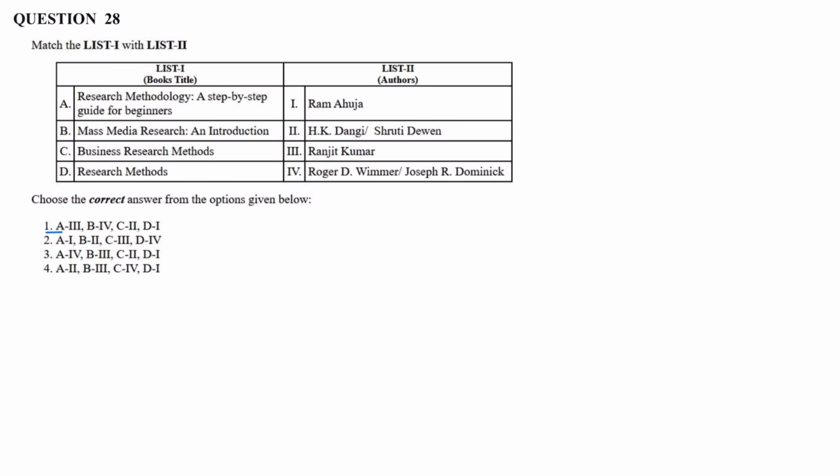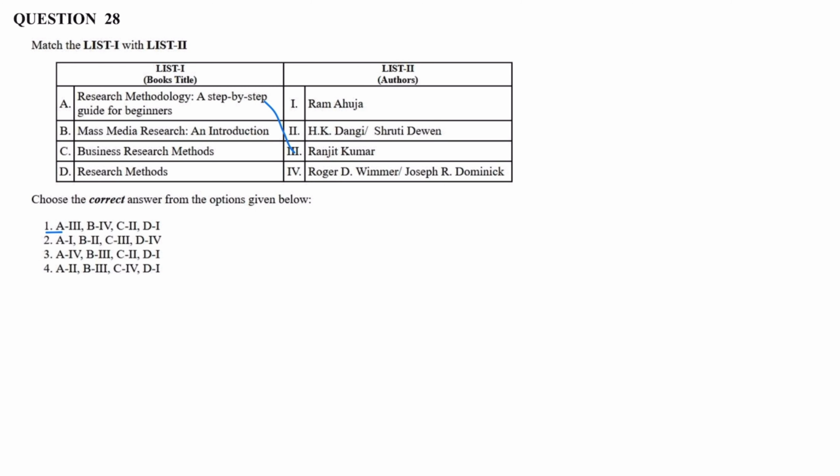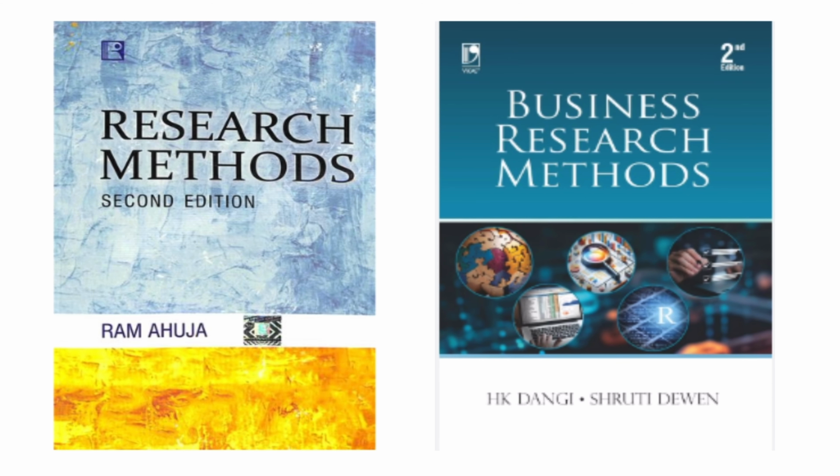Research Methodology, step by step guide for beginners. Correct answer is Ranjit Kumar. So A matches to 3. Mass Media Research: An Introduction. The correct answer is B, 4, Roger D. Wimmer, Joseph R. Dominick.